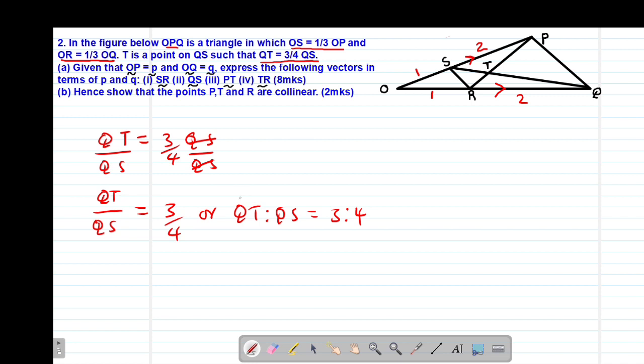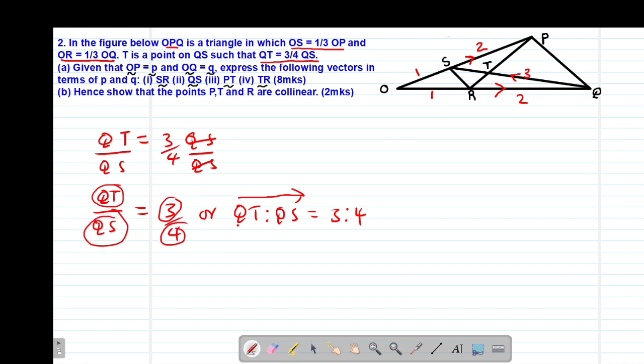So the direction of our ratio is from point Q towards point S. So this is our Q, then that is S. That is the direction of our ratio. Then the ratio of QT is 3. So Q to T, this ratio is 3. Then Q to S, its ratio is 4.